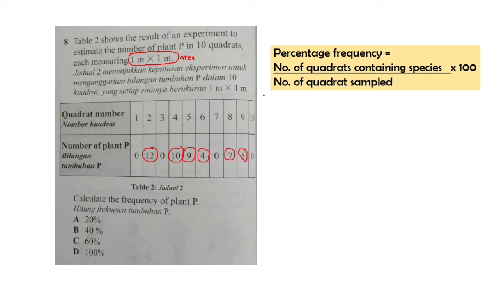So the number of quadrats containing species: 1, 2, 3, 4, 5, 6. 6 quadrats containing species divided by the total number of quadrats being used, 10, times 100. So we get C. Easy? Easy, right? Okay.